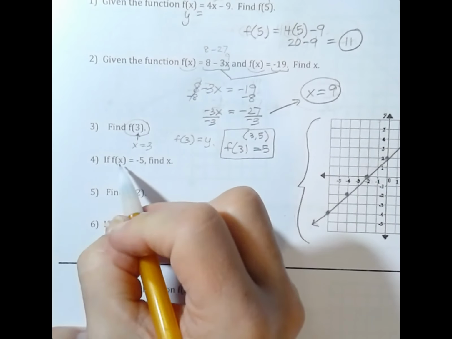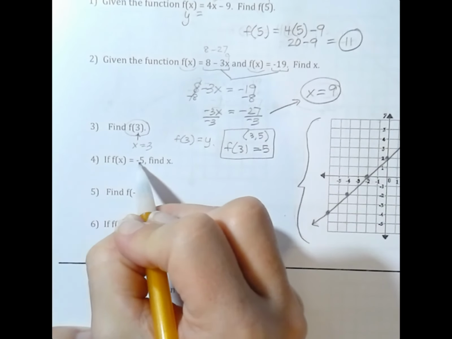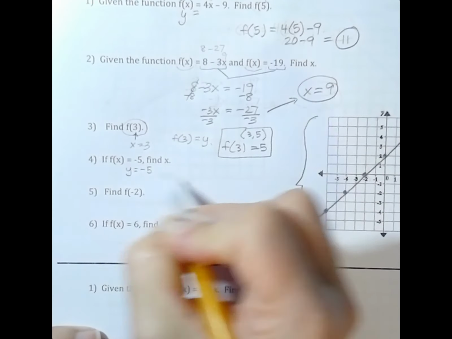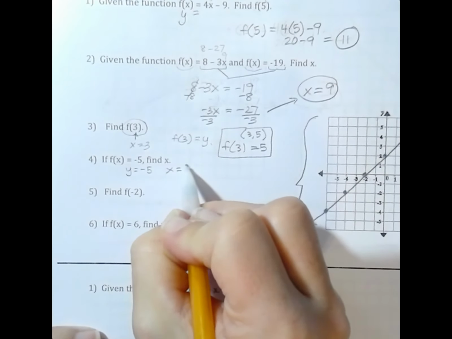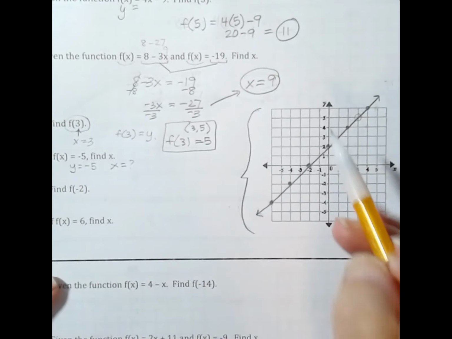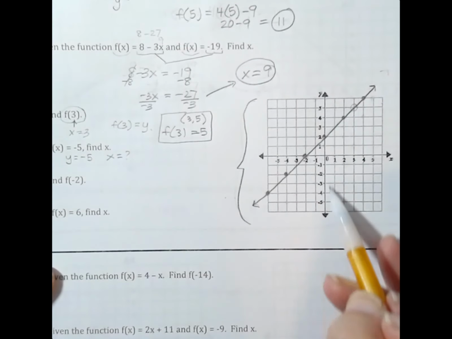This one, they reverse it. They're telling us that f of x equals negative 5, so that's like saying the y value is negative 5, and they want us to find the x value. So let's look at our graph. Let's find a y value of negative 5.